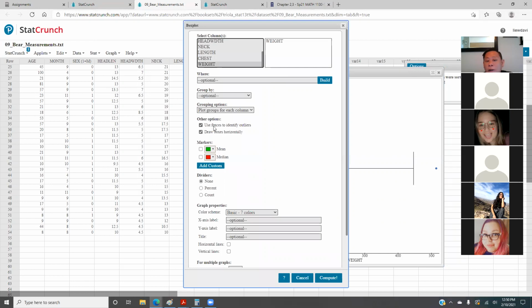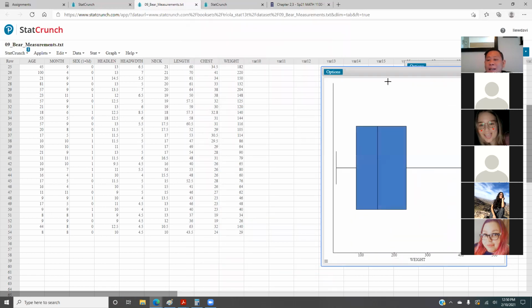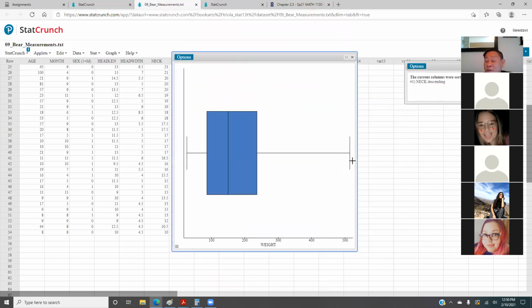So if you use fences to identify outliers, that is for when you have outliers. And that's the only difference between modified and regular box plot, right? If you don't do it, then they just extend it longer. They don't show outliers. So this is called a box plot.